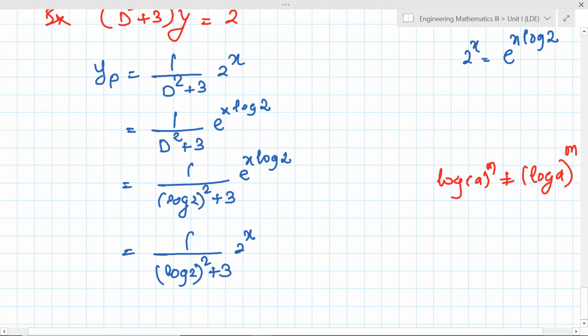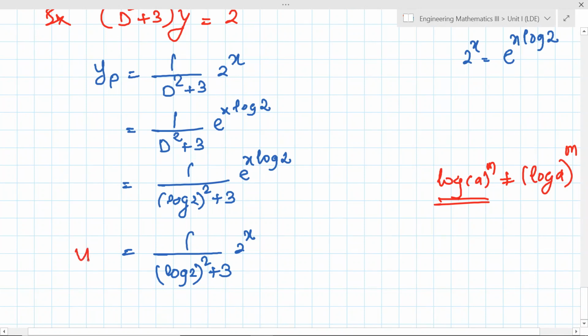These two things are different. If log a whole to the power m is there, then we cannot take this m in front of this log a. But we can take it if that m is in the power of a only. So this is the difference.